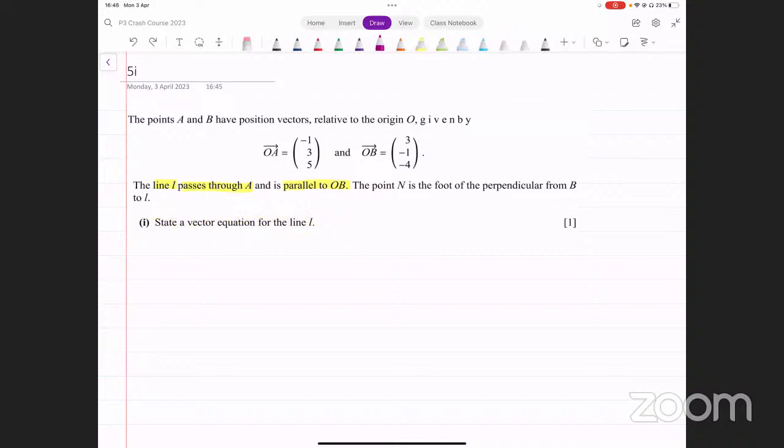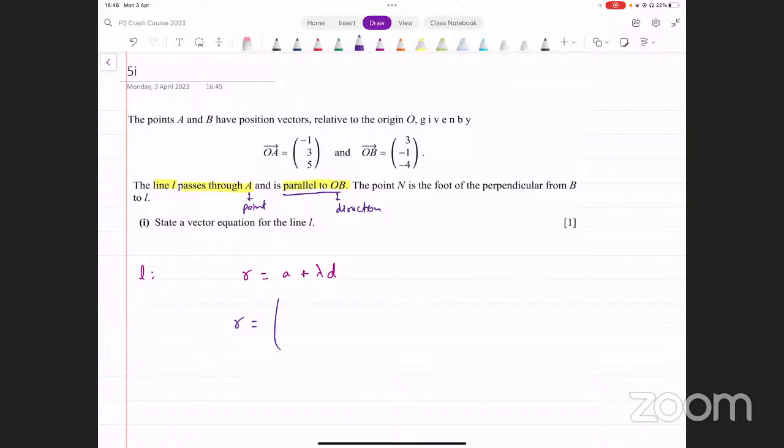Okay, that's pretty straightforward. What's the standard form of the equation of a line? R equals A plus lambda into D. You just have to input these values. A is a point on the line. Since it's parallel to OB, that means this is going to give us the direction of the line.